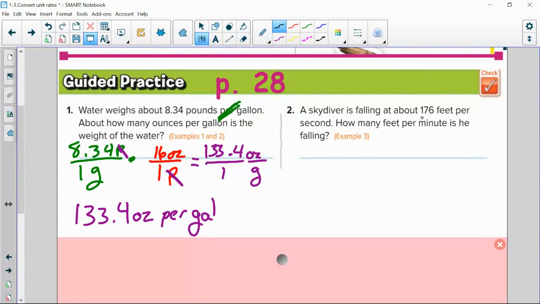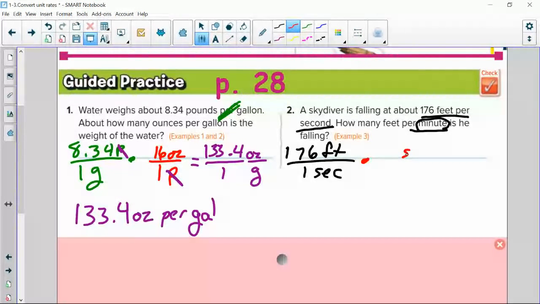Okay, so it wants to know our feet per second, but we are going to change it to feet per minute. If I start with my 176 feet per 1 second, I am going to multiply it.